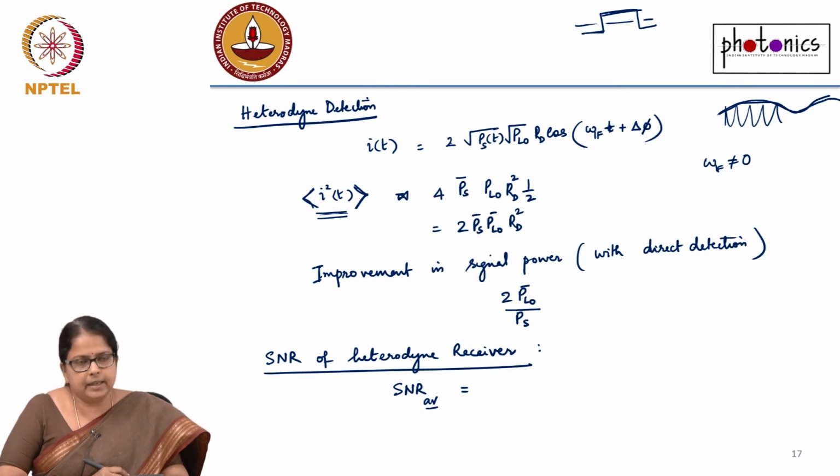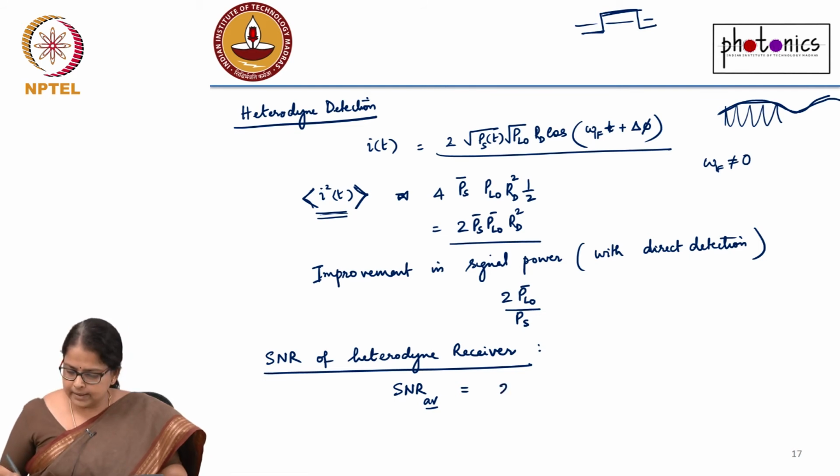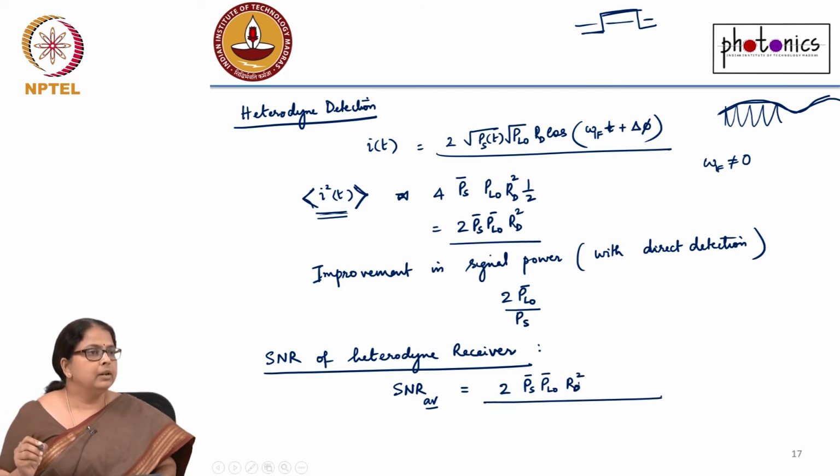Which is my signal in heterodyne? This is my signal in heterodyne. And what is the average signal power? This is my average signal power, right? Twice PS PLO RD square divided by, what do I take as noise power now?